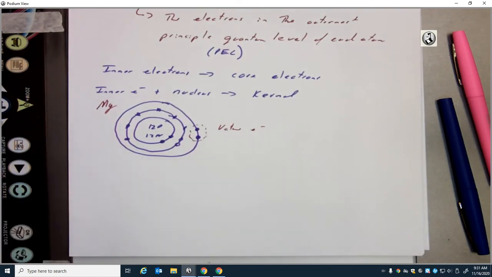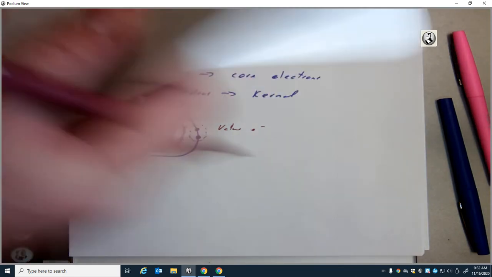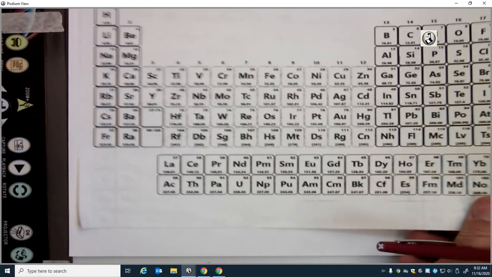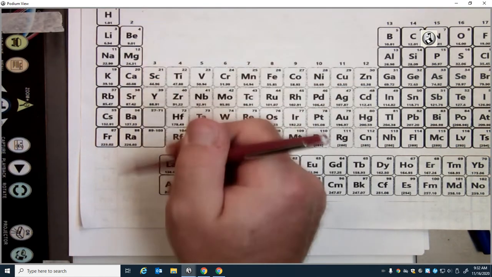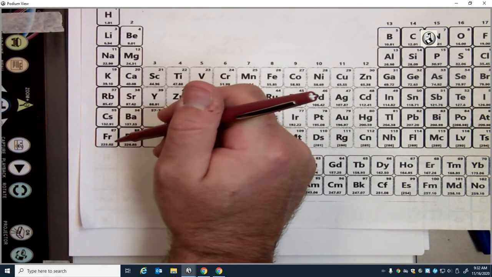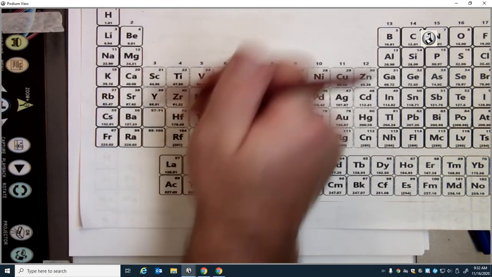So you need to be able to figure out how many valence electrons each element has. And that's pretty simple. If we look at our periodic table, group 1, all of this first group, is going to have 1 valence electron.